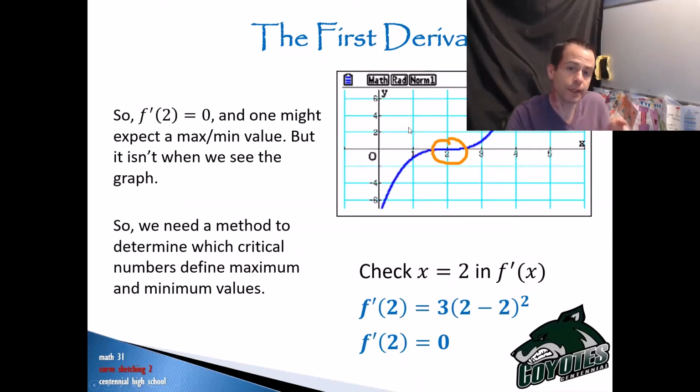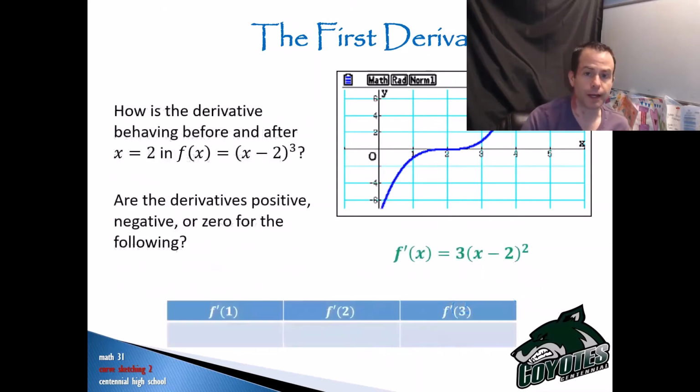So if the derivative of f at 2 is 0, one might expect a max or min value, but it isn't when we look at the graph. Remember, part of all of this is we want to be able to do this without looking at a graph now. Okay, so we need a method to determine which critical numbers define maximum and minimum values.